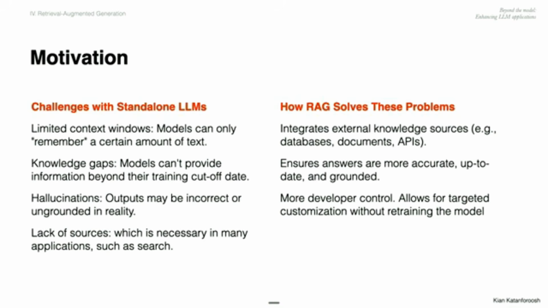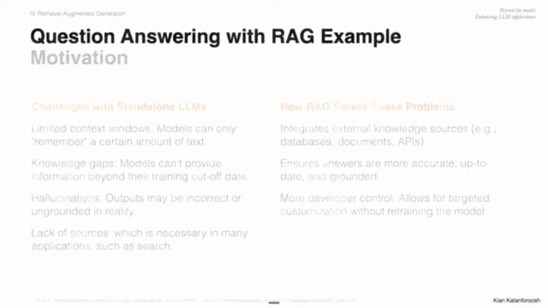And when you query, what is our Q4 performance in sales? Hopefully, the latest board deck is in the drive, and it can read it. And there's more developer control. We'll see why RAGs allow for targeted customization without requiring the retraining of the model. In fact, you don't touch the model with RAGs. It's really a technique that is put on top of the model.